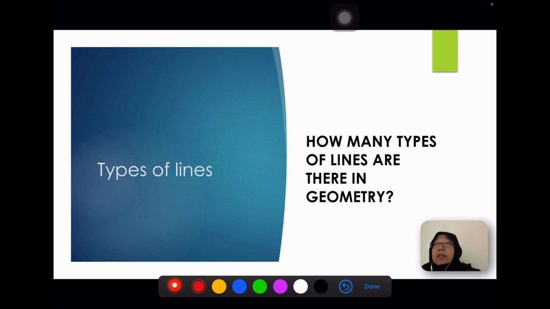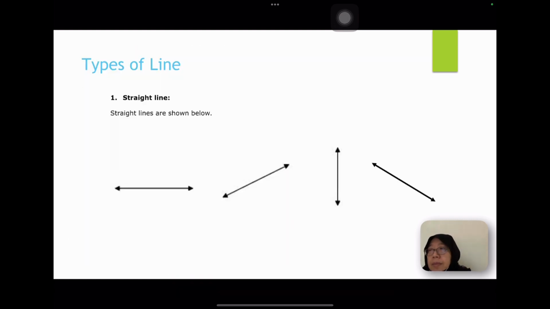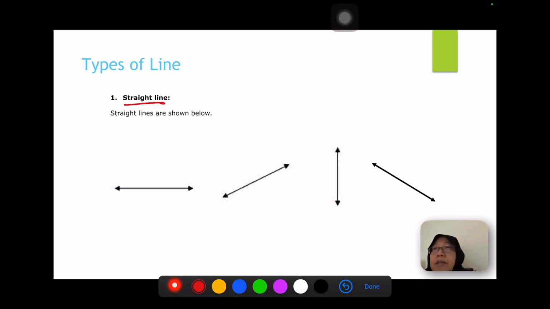Now let's take a look at the different types of lines. Students may be asking how many types of lines there are in geometry. So we have straight lines.